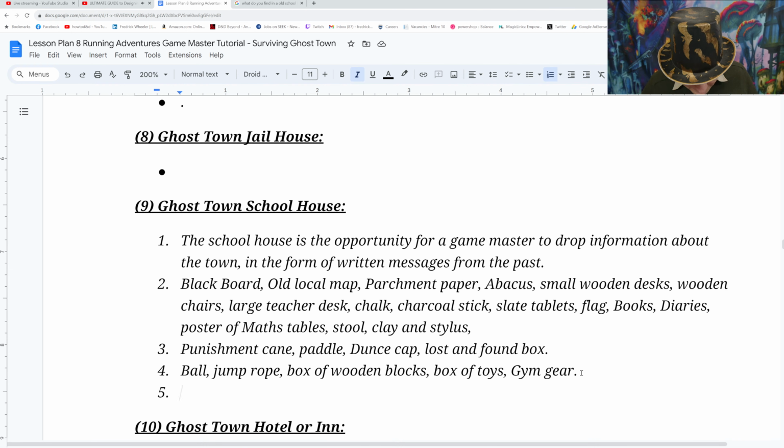A toilet? You might find a toilet, but most of the time, yeah, I suppose there is a toilet area.